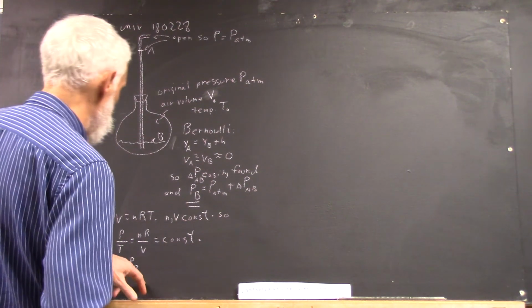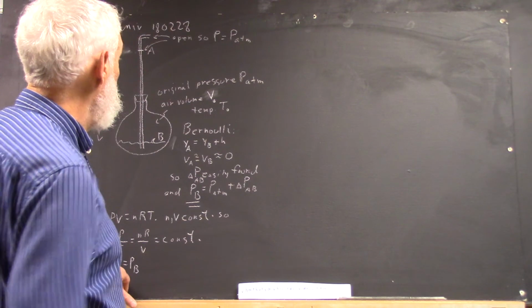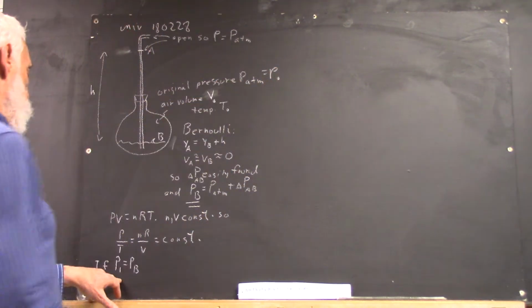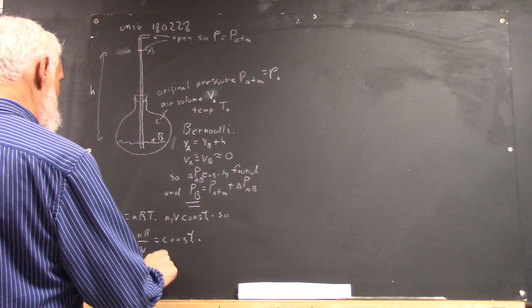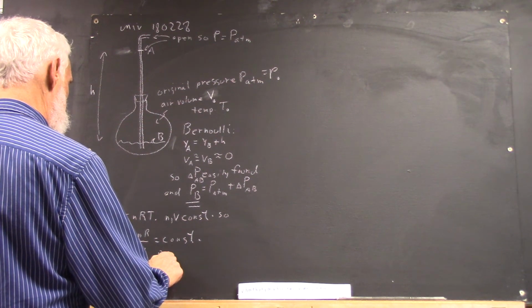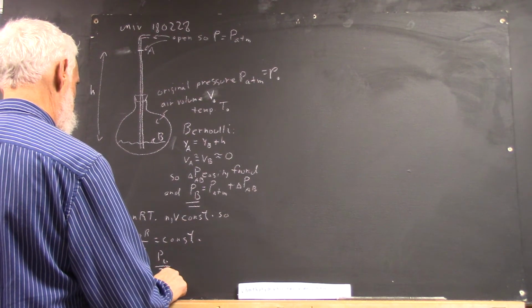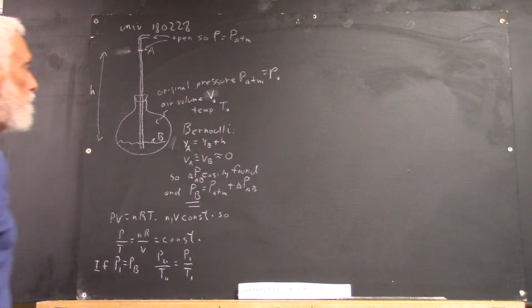If P1 equals PB, now we're going to call that P1, and we have P naught equal to atmospheric pressure, then we have this.